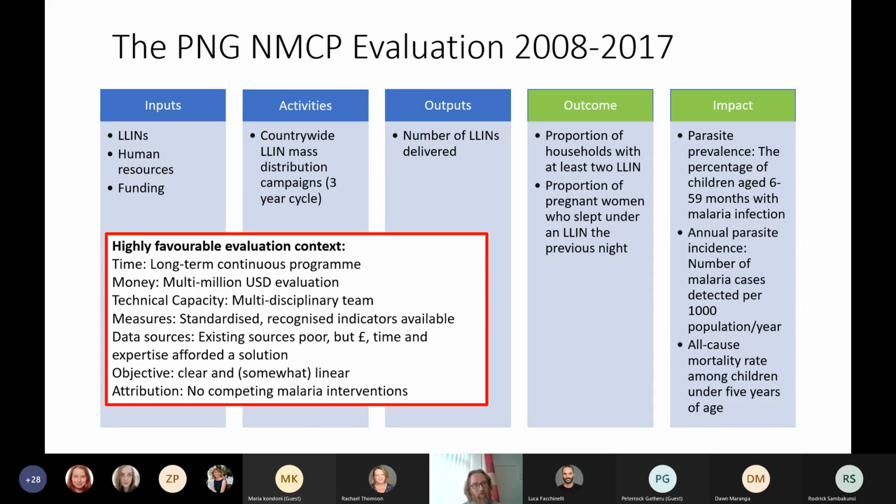So for all of these reasons, employing a logic model structured in this way made great sense in a PNG context. Equally, for all of these reasons, if they're not met, it may not make sense to attempt to use a logic model to measure outcome and impact.